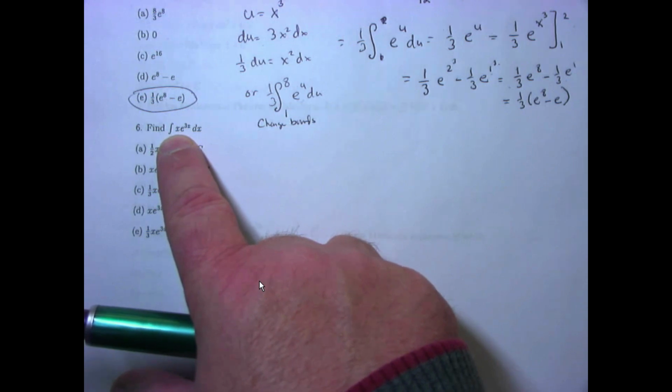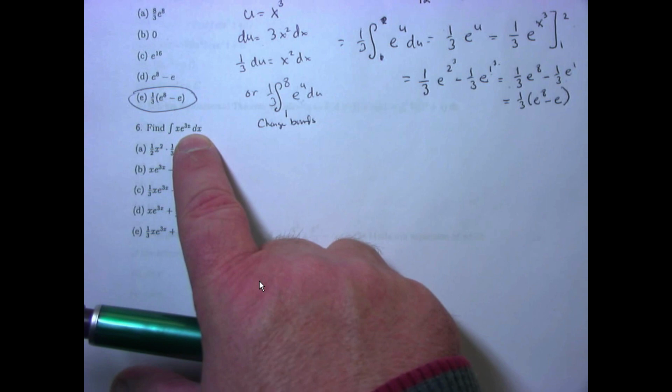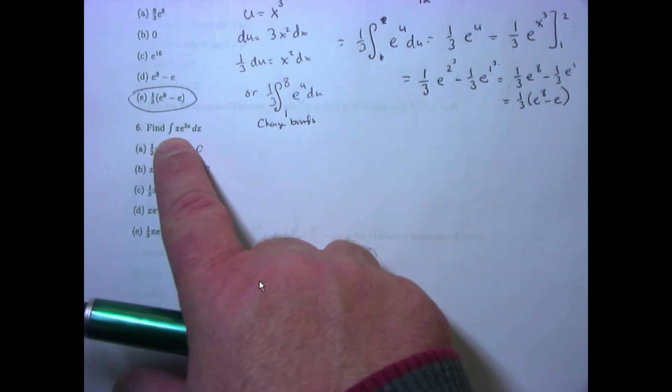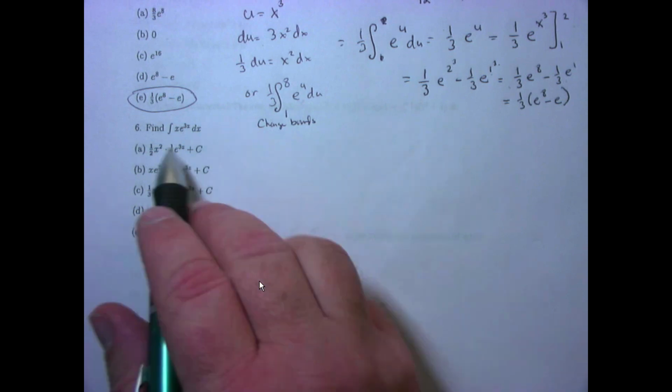It becomes 1/3 u e to the u du. It basically becomes the same problem all over again. The goal is I need to get rid of that x. What I'm doing right now is a mental u substitution. And when I let u equal the standard stuff, du is not in the problem. Does that make sense?